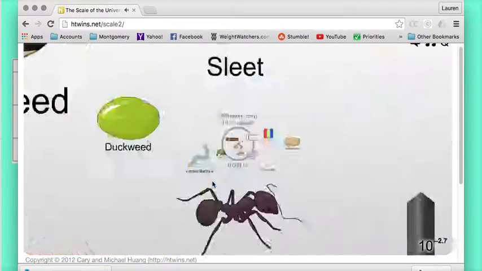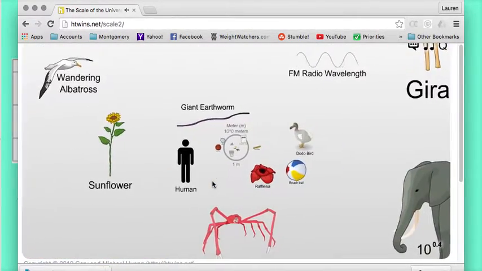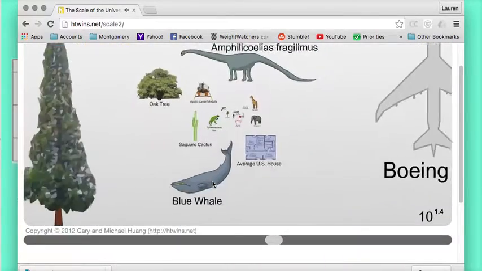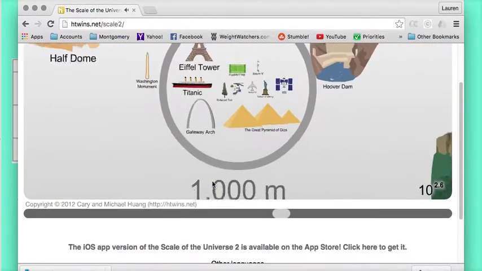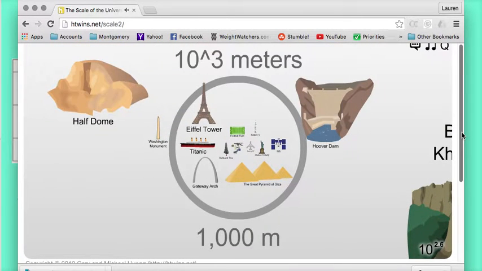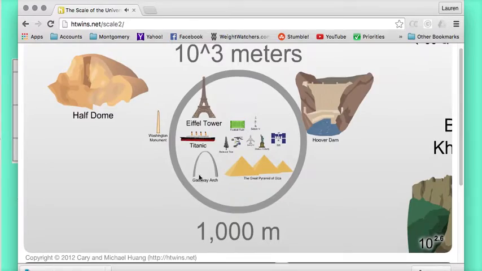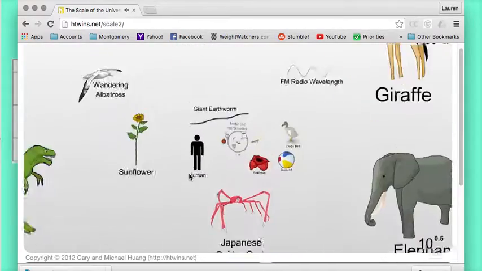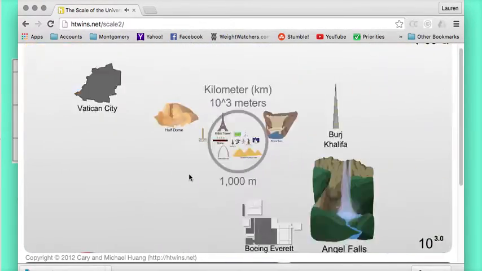Let's go the other direction. Let's go out until we're at 1,000 meters, or 10 to the 3rd. That's the size of Hoover Dam, about the size of the Eiffel Tower. The Washington Monument looks small in this scale. Let's go out even farther.